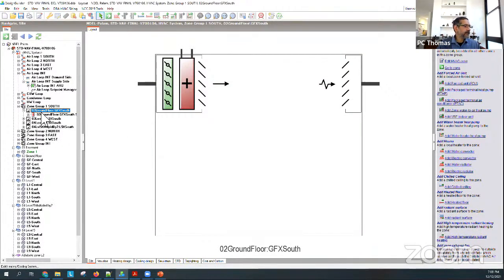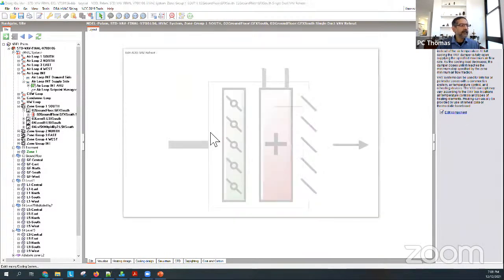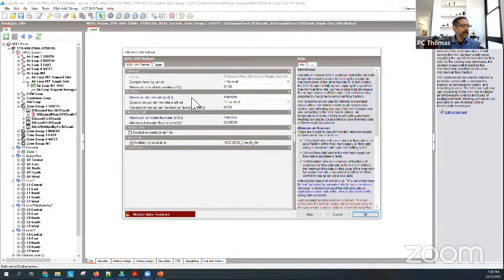If you go into the actual VAV box, you can tell it what the maximum reheat temperature is, what the minimum turn down is, how much the variable air volume box can close to. Now, if you don't give it the right numbers, it can close all the way down. Actually, you can't go all the way down. You can only turn down a certain amount because the fan can't turn down beyond a certain amount.